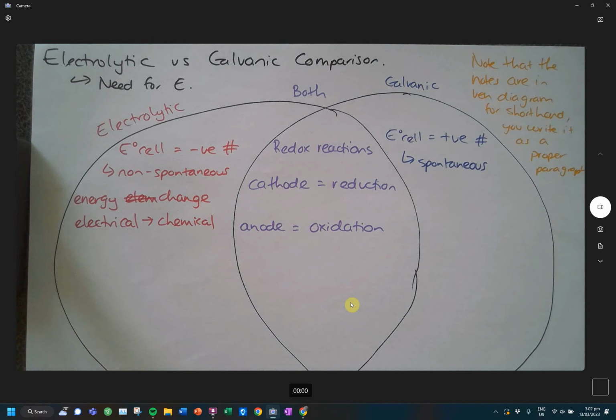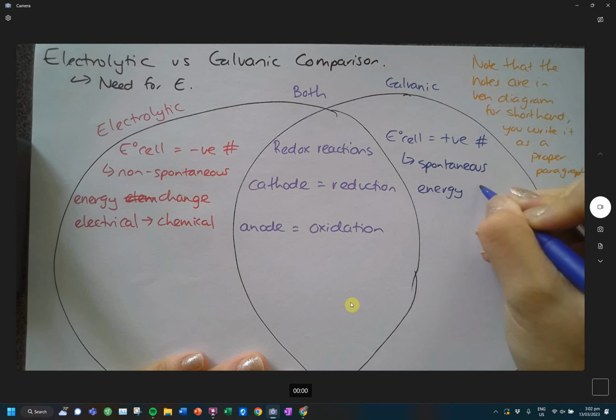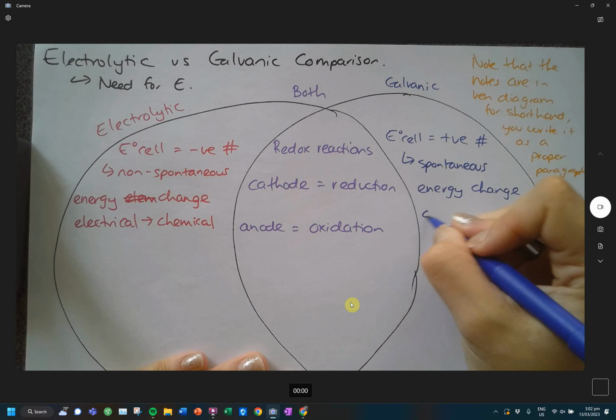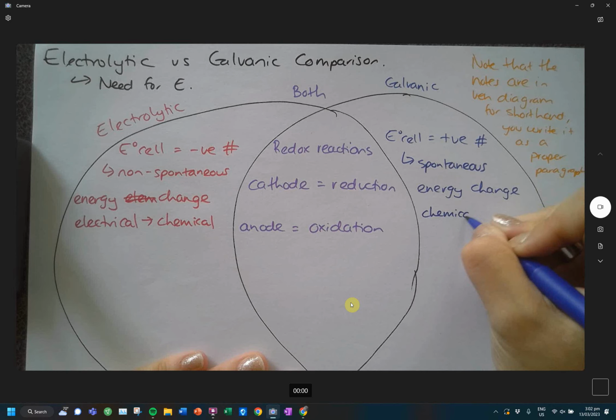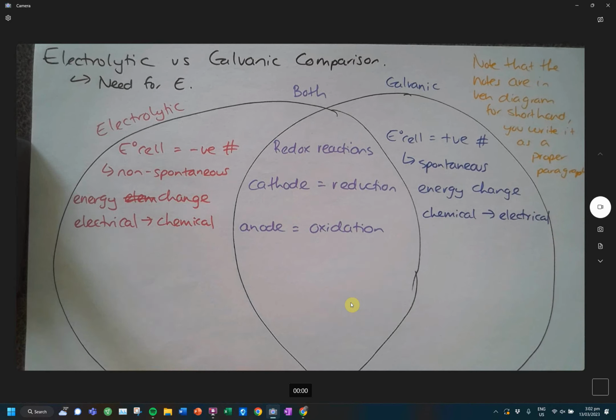What's happening with my galvanic? What's my energy change then? Chemical to electrical. It's the opposite. And that's why we can use this as a battery.